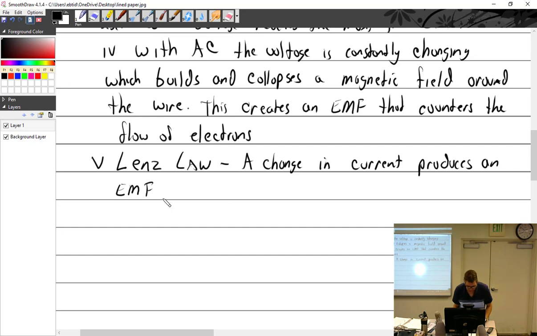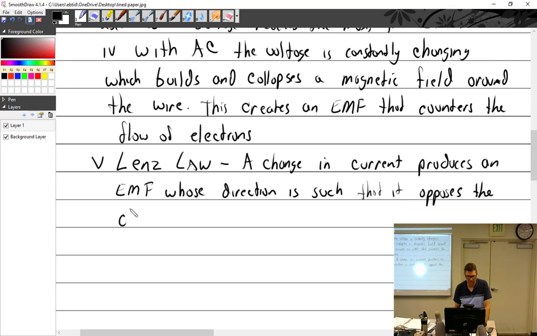It produces an EMF whose direction is such that it opposes the change in current.